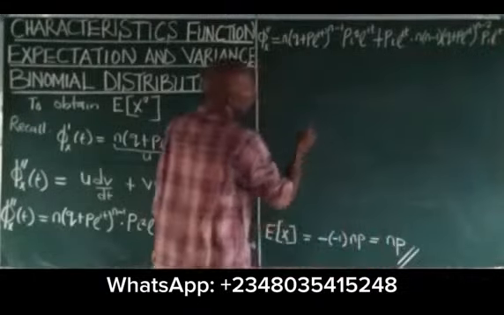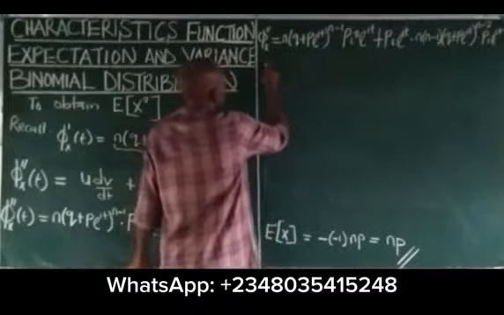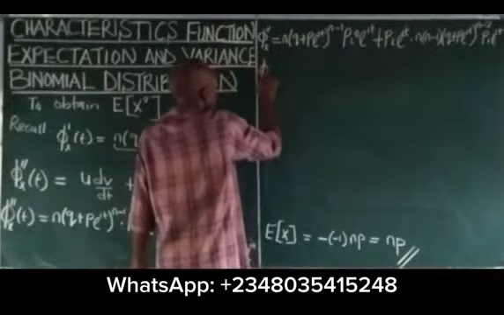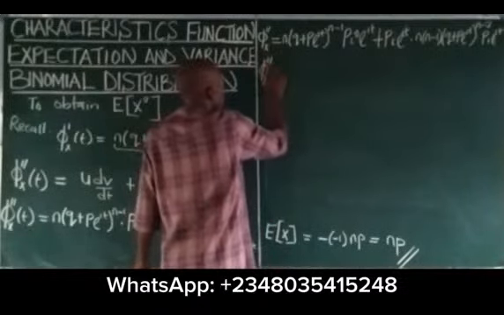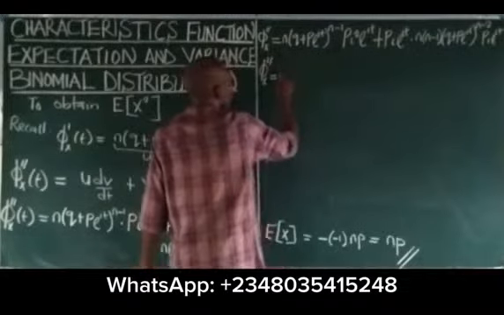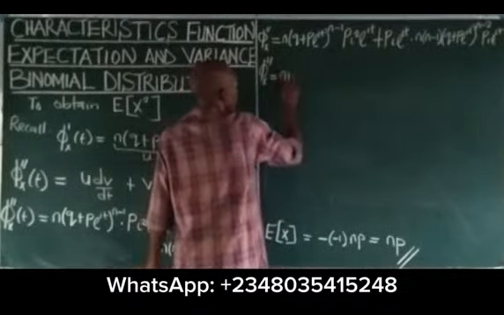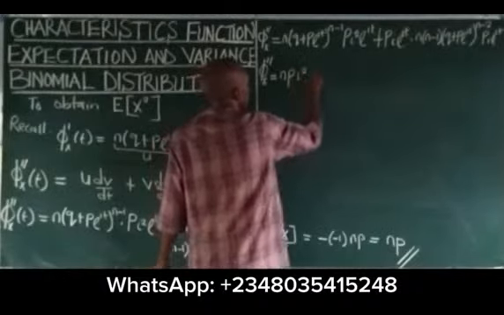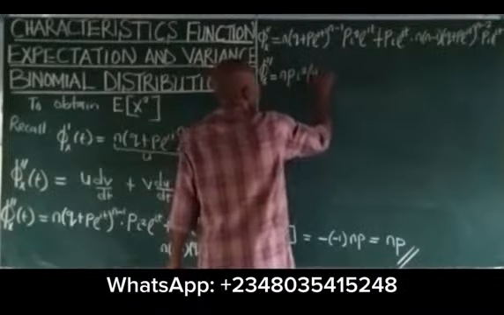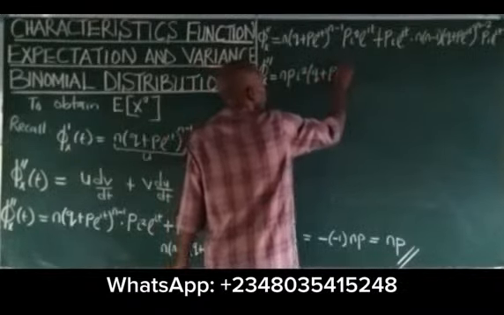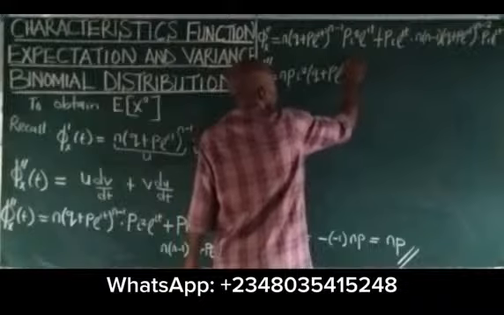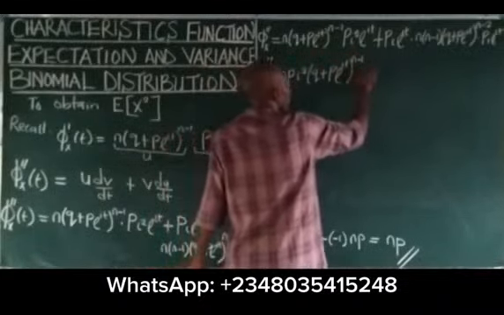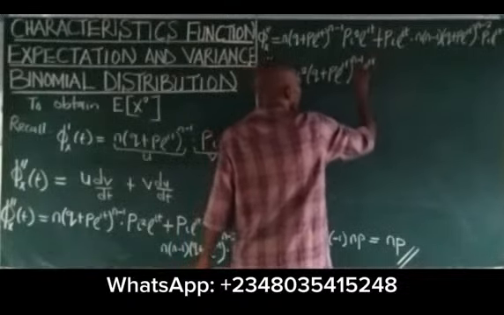So rearranging this, this p can come over here. We have n p i squared into (q plus p exponential it) raised to the power of n minus 1. Since this has moved over to this side, we only have exponential it here.